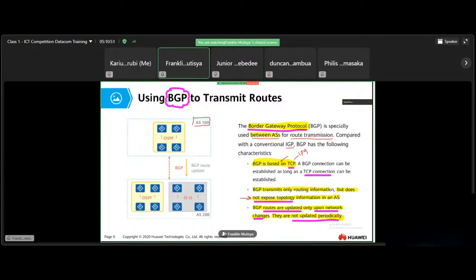The other thing is that BGP only transmits routing information but does not expose the topology. That's something we mentioned, hence protecting the integrity of that organization's network.